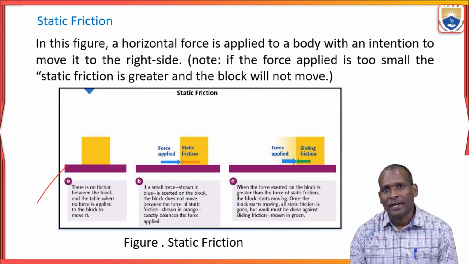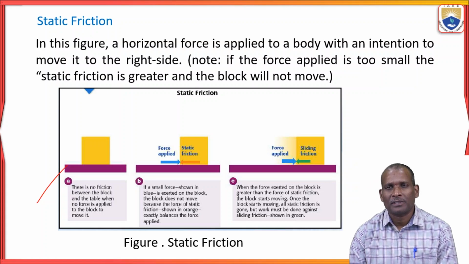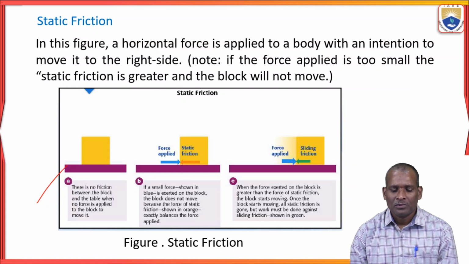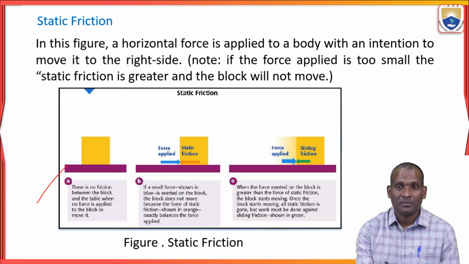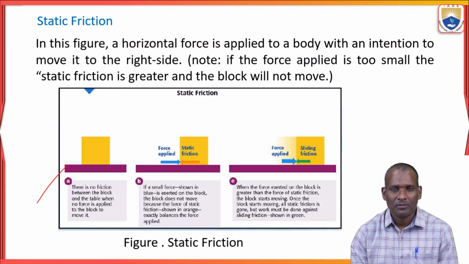If the force applied is very small, the static friction is greater and the block will not move. Suppose you apply a very small force, the frictional resistance force is higher than this applied load. So in that case also there is no sliding. So there is static friction.